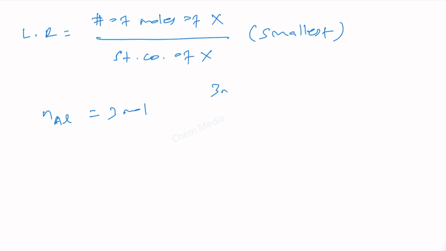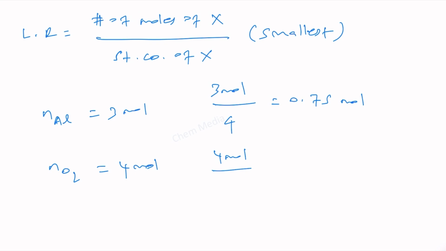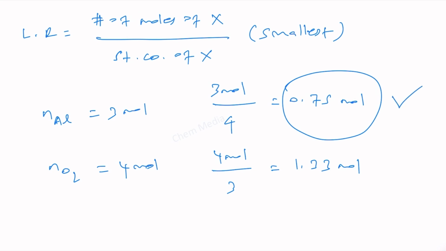So 3 mole divided by the stoichiometric coefficient 4 is equal to 0.75 mole. Number of moles of O2, we found it as 4 moles, and the stoichiometric coefficient was 3. Therefore, this will be 1.33 moles, which is smaller, this is smallest? No, 0.75 is the smallest. Therefore, aluminium is the limiting reagent in this case.